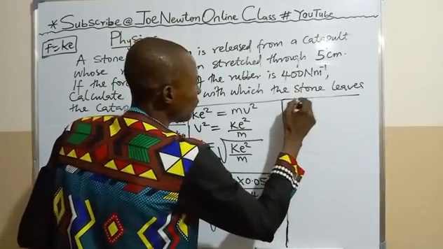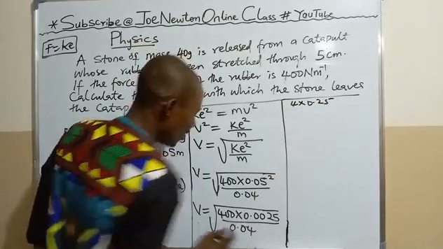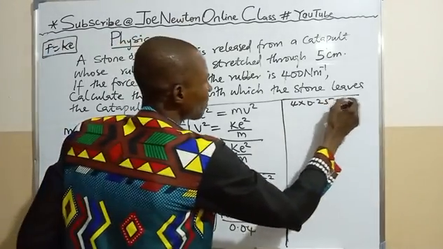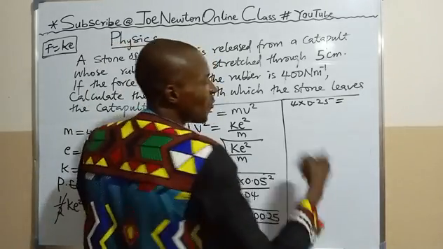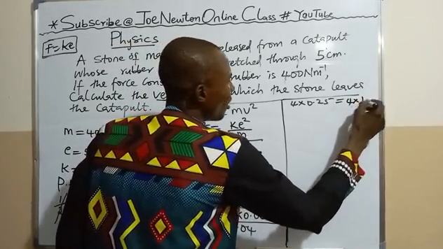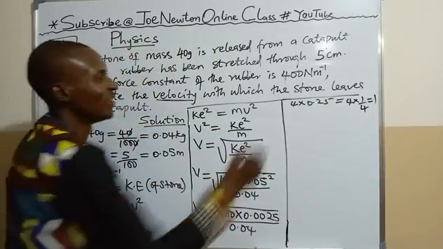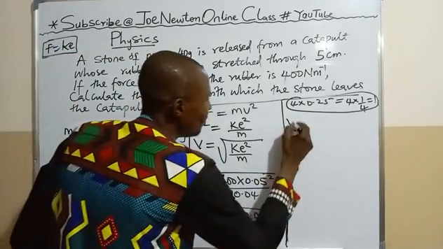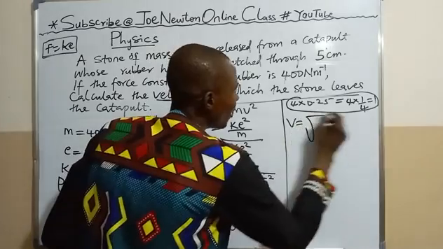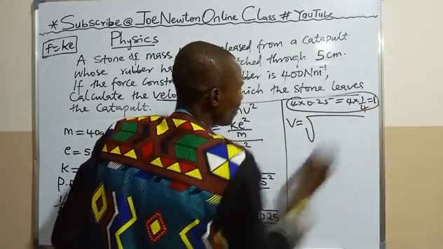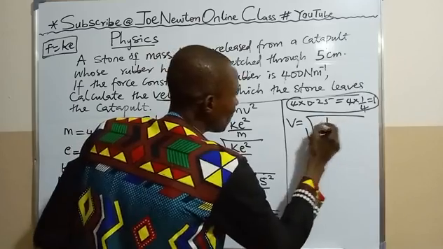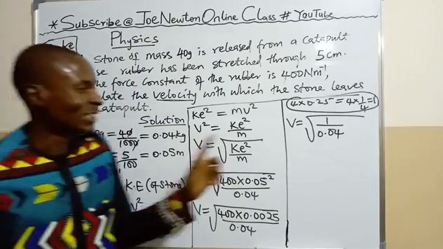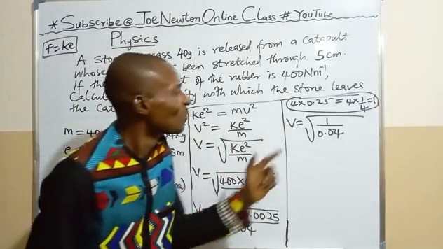It is like saying 4 times 1 over 4, which is equal to 1. So that is the magic here. So when I have that v equals square root of 1 over 0.04, there's another mathematical trick here, like magic.